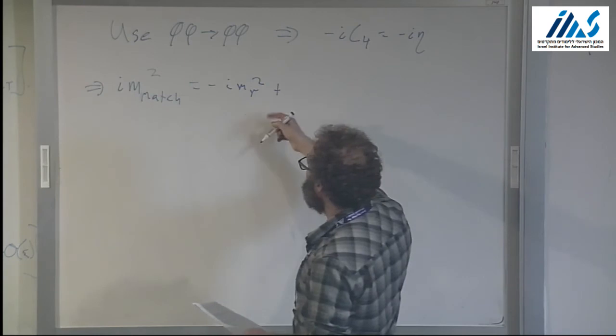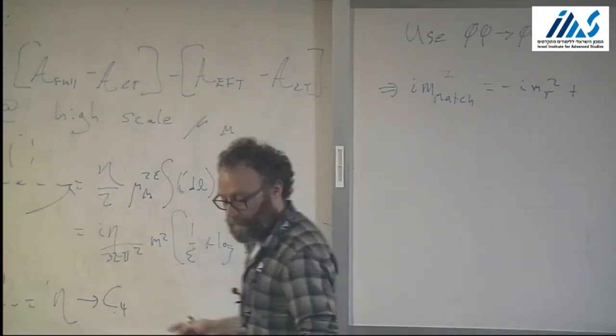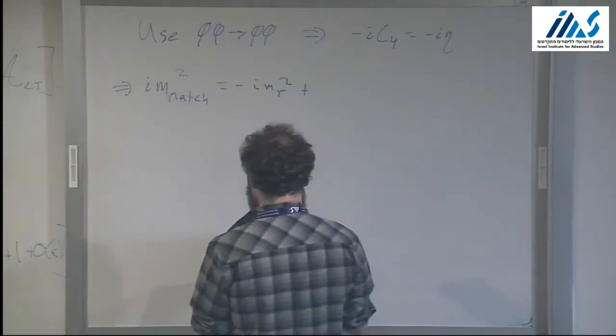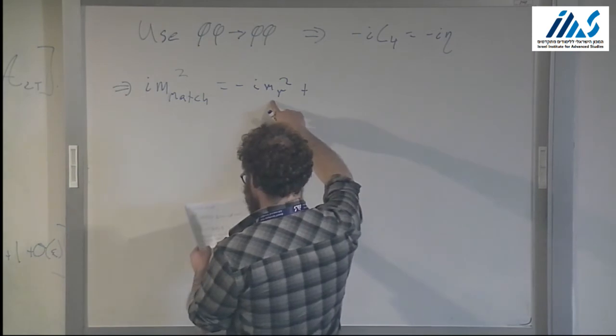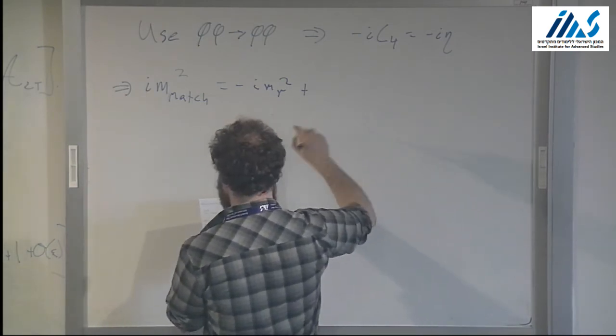So you get, in the matching, just like before, the contributions from these two loops in the matching are going to cancel, right? But you're left with this heavy particle loop that doesn't cancel, and you get this tree level piece plus, let me get the sign.